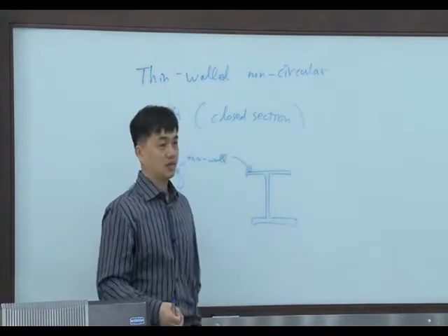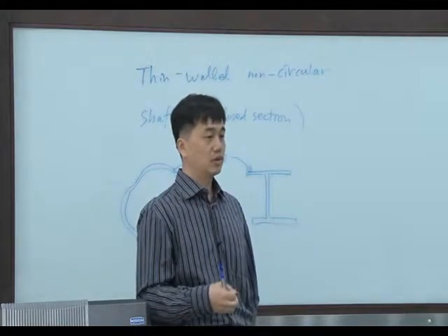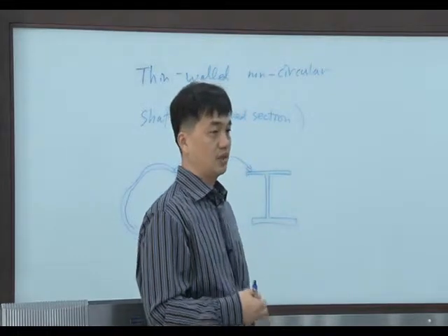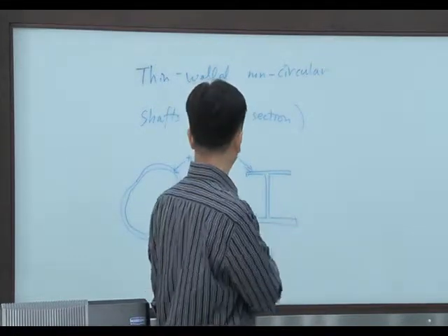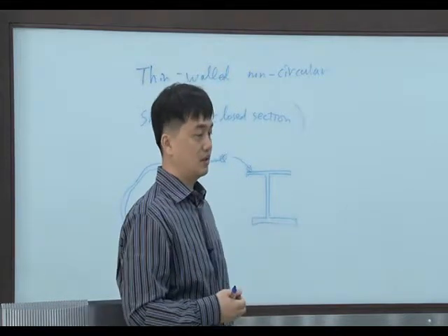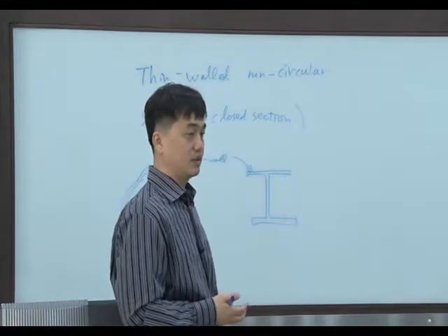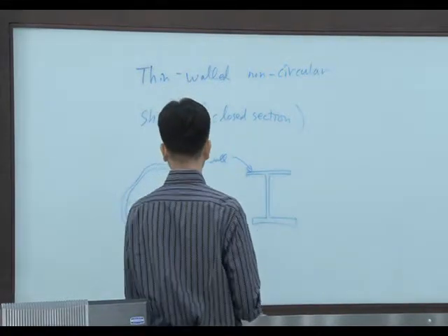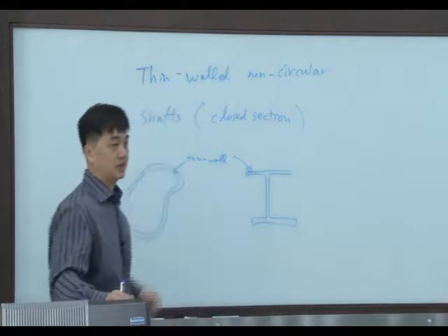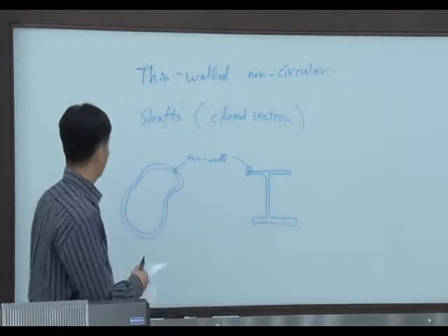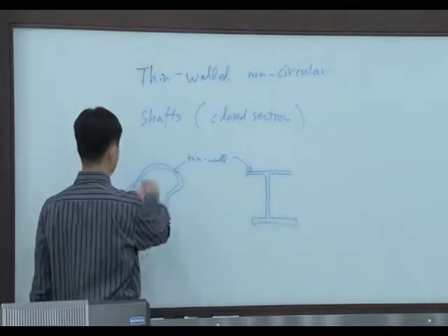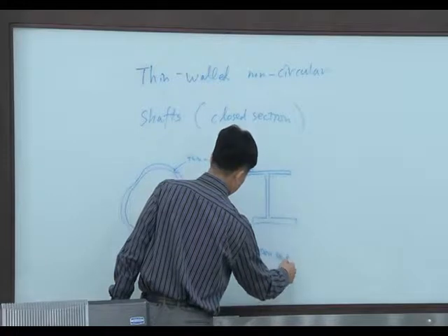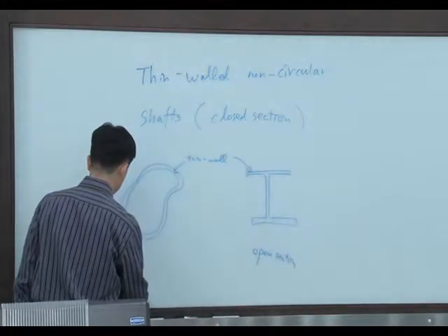In real engineering, we use thin-walled cross sections very widely because this thin wall type can reduce the material cost, and the behavior is very effective. And closed means this is a closed section, this is an open section.